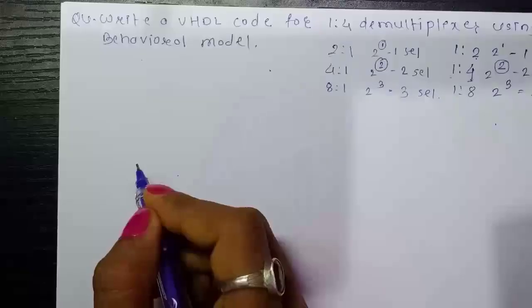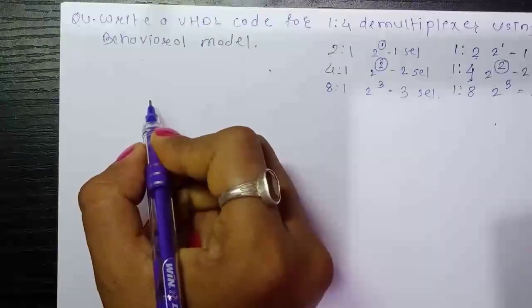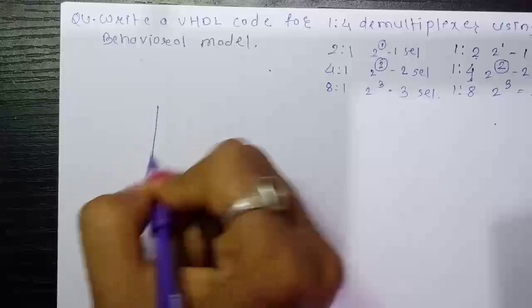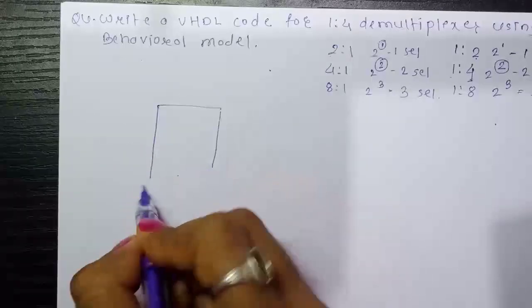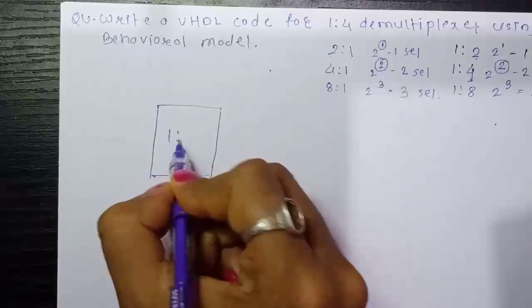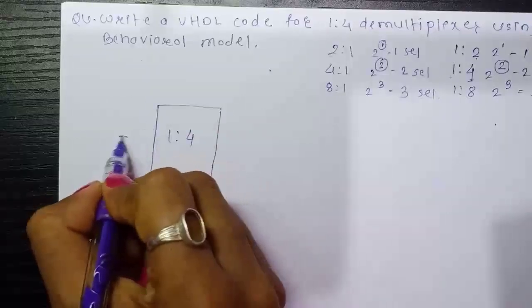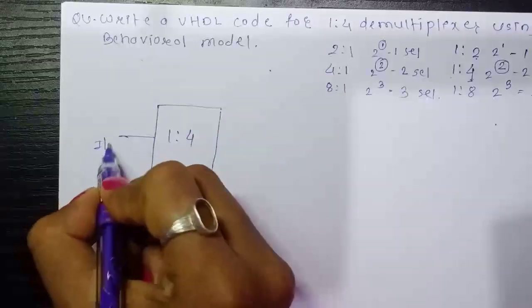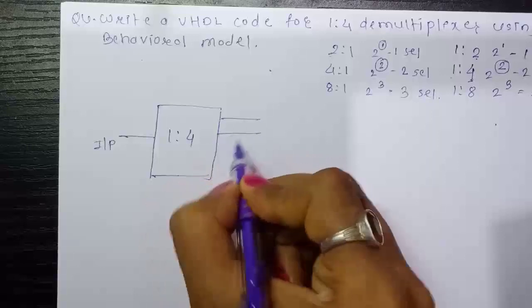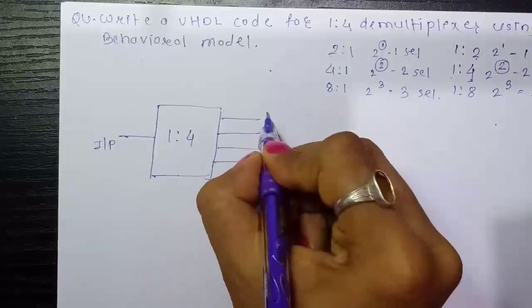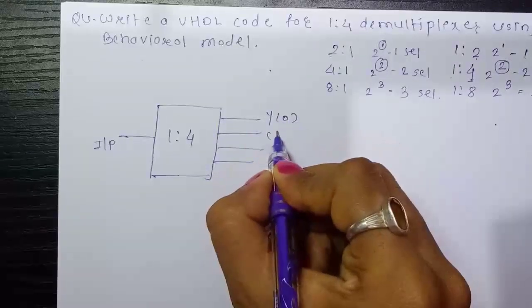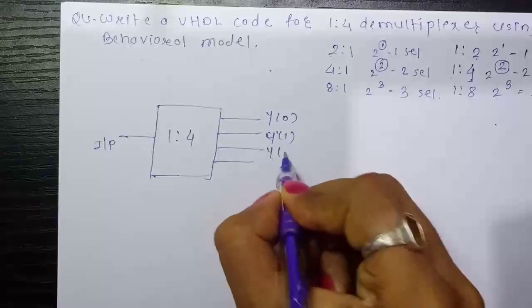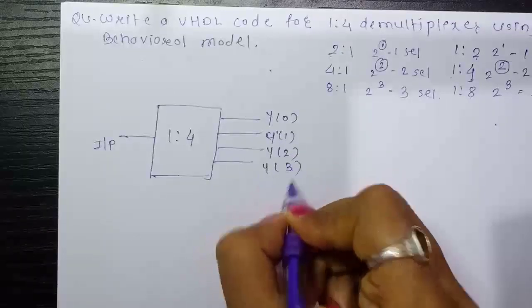Now let's see the block diagram for a 1 is to 4 demultiplexer. A 1 is to 4 demultiplexer has only a single input and 4 outputs. Let's say Y0, Y1, Y2 and Y3.